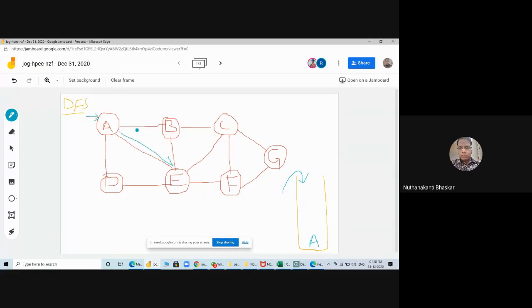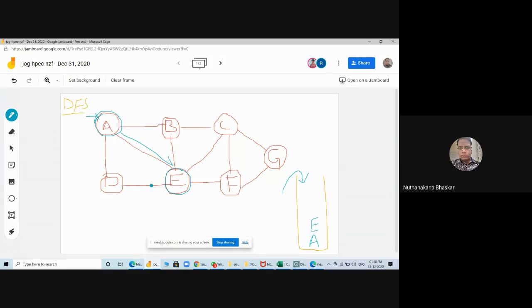For understanding purpose, I am using these colors. Earlier I visited A, then I visited E. Once I visit E, what should I do? Push that node into the stack. Very good.